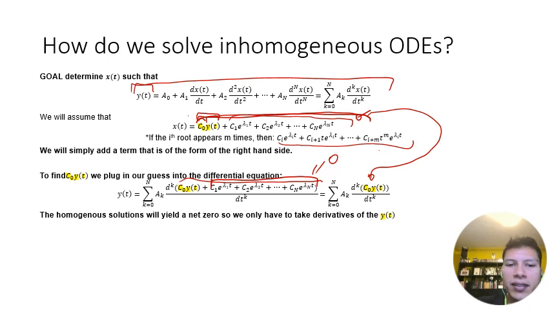As a result, when you plug the whole thing into the differential equation, the only term that will give you a non-zero contribution will be the y sub t part. And so what you're going to have to solve is an equation of this form: y sub t equals the sum of the derivatives of C0 y sub t. And that's basically how we're going to come up with our solution.